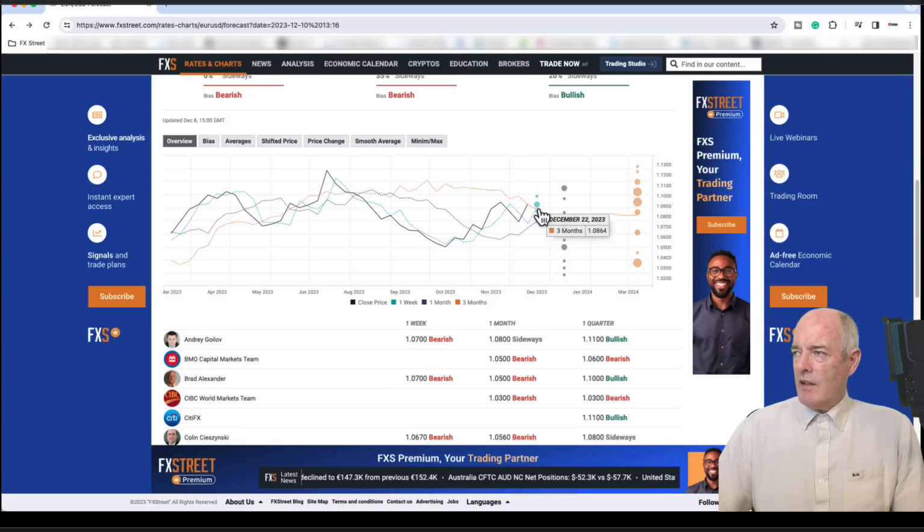So if we look at the weekly forecast, there's a rather large dot right in the middle, which is around $1.09 to the euro. So that was the prediction from last week. If you look at the 1 month predictions, you can see that there are some larger dots. So the predictions were spread right across from 1.1, 1.15 down to 1.025, it looks like.